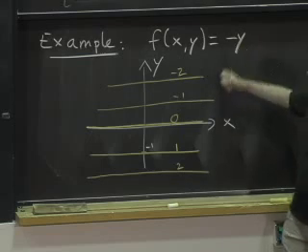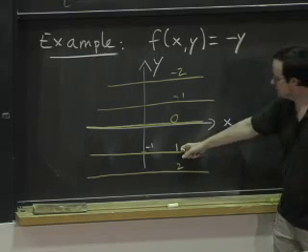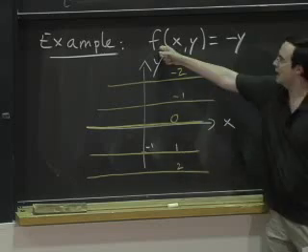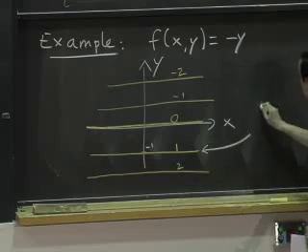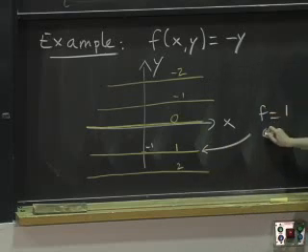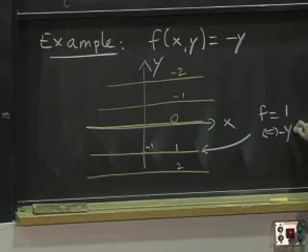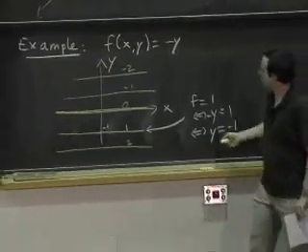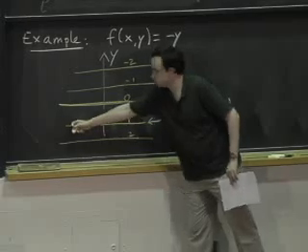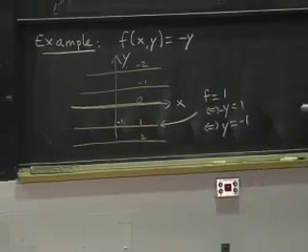So if I want to know where's the level curve, say 1, I try to set f equal to 1. Let's do this one. f equals 1 means that negative y is 1, means that y is minus 1, and y equals minus 1 is this horizontal line on this chart.